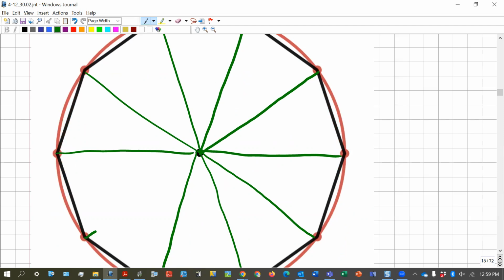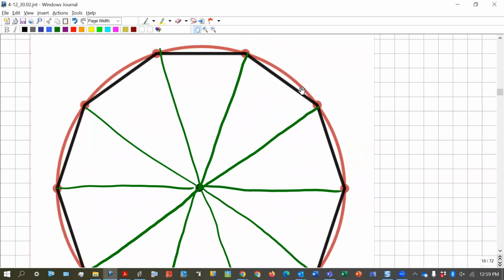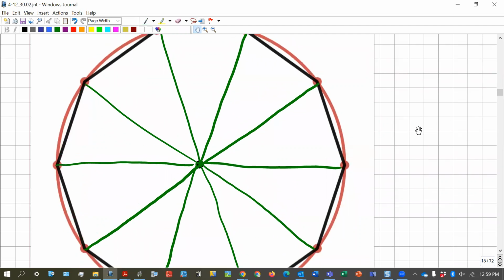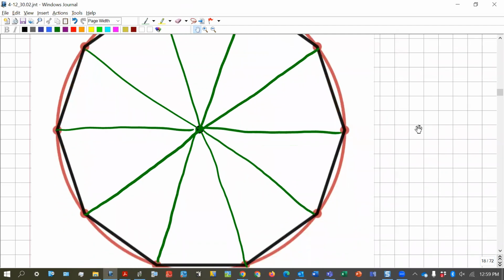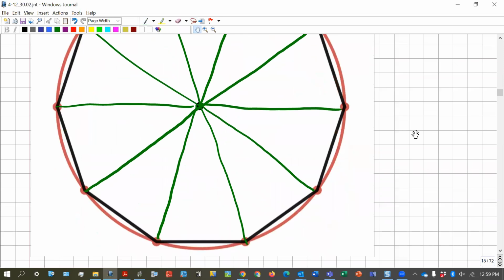And the thing that makes a circle is that every red point that you see, not just the ones that are highlighted, but the curve that makes the circle, they are all the same distance from the center. So all of these smaller triangles are isosceles.